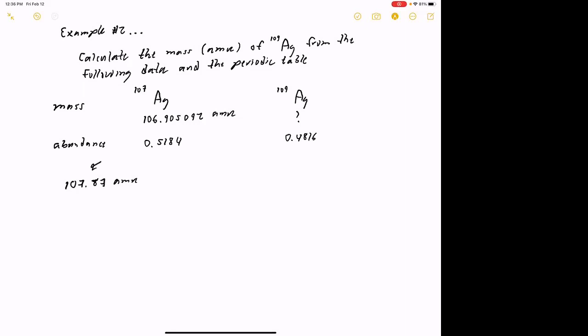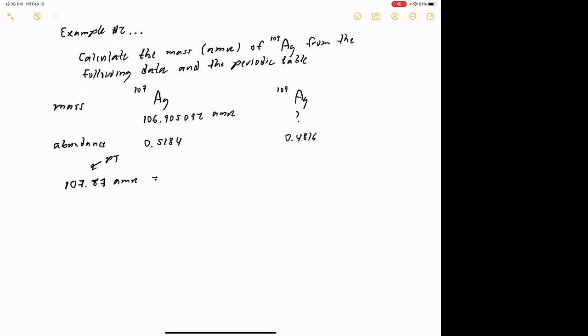That part's from the periodic table, the number under the silver symbol there. That tells me the average mass of all silver atoms, accounting for all the isotopes. That's what we just calculated in the last problem. So now we know that that's going to be the weighted average of the two isotopes.